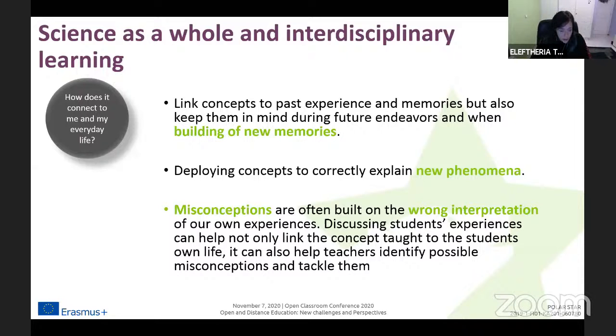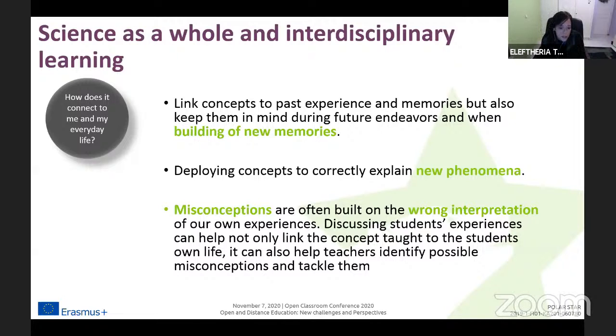And one very, very important element that was discussed recently in our team is also the idea of misconceptions, especially when it comes to young students. They often have misinterpretations based on their experiences. For example, the sun rises and sets, but it's not really the sun that is moving, as we know, it's the earth. So certain misconceptions the students have come from the wrong interpretation of their own experiences.